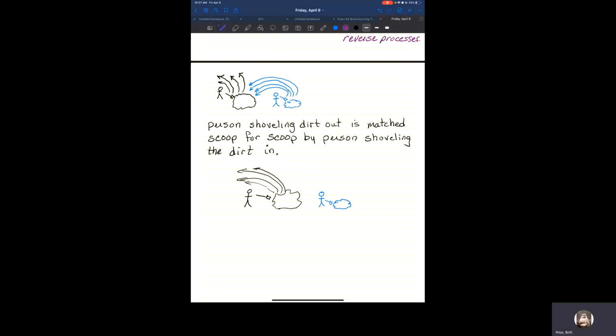But now, a cute little kitty comes along. Okay, something interrupts the person who is scooping the dirt back into the pile.